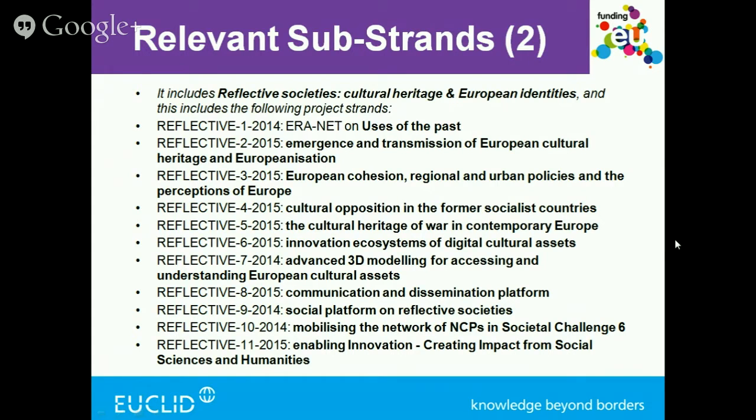This is an interesting mix of quite academic research-related projects and quite practical technical projects. Going down the first few, for example: European cohesion, regional and urban policies and the perceptions of Europe, cultural opposition in the former socialist countries, cultural heritage of war in contemporary Europe. Those are quite academic-based research projects, or traditionally academic.